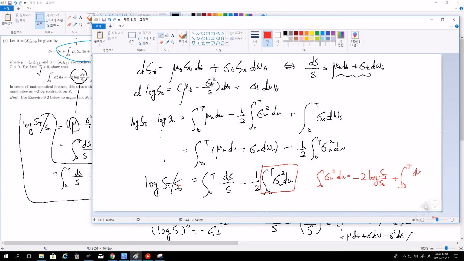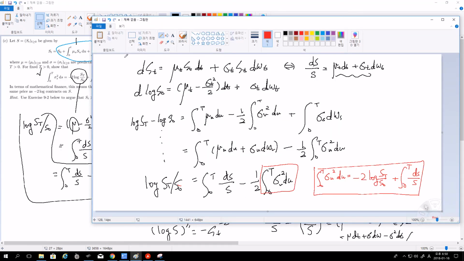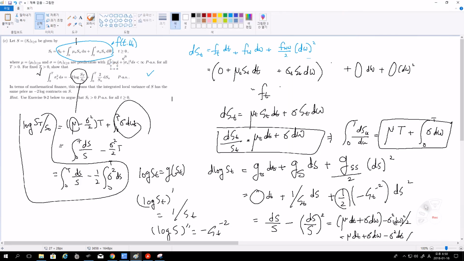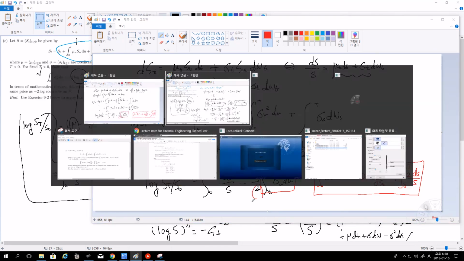And then this is exactly the same as this one. So we are done. Sorry, because we multiply by 2, I need 2 over here, because I have to multiply each side by 2. So we just proved it.